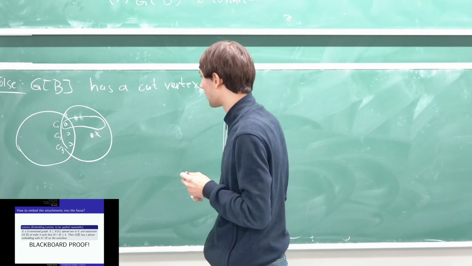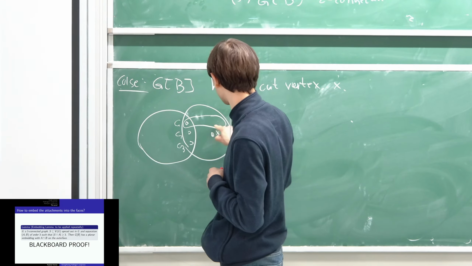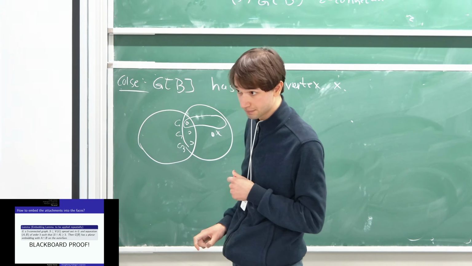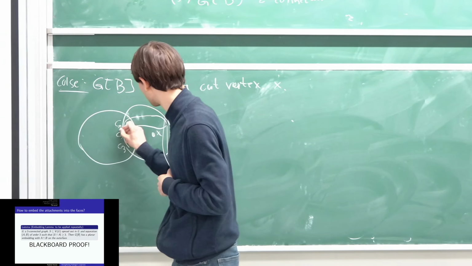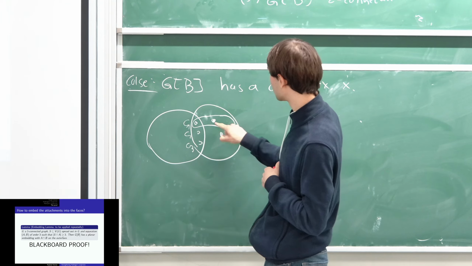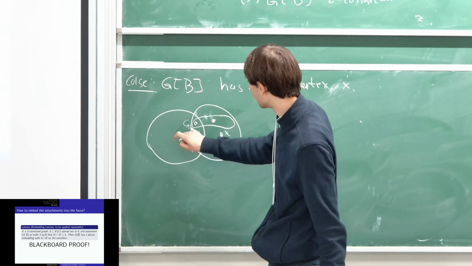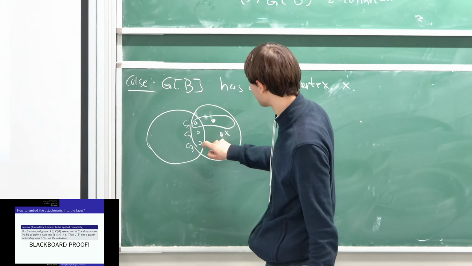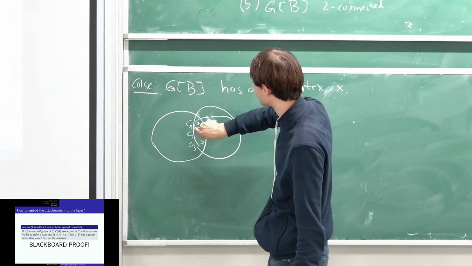Now, the claim is that this component contains only C1. Why does it contain only C1? Because suppose there's anything else in there, this is not empty here, then you could separate this anything else from the rest of the graph by killing only C1 and X. But we said if we kill two vertices, every component contains something from the separator, but this wouldn't.